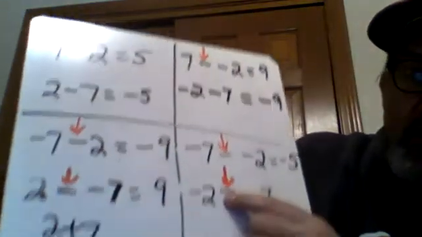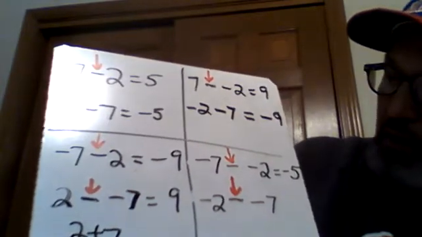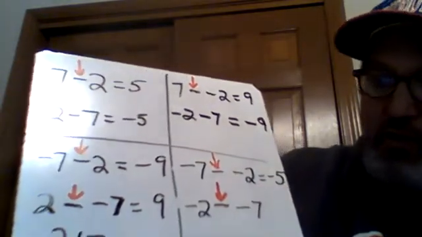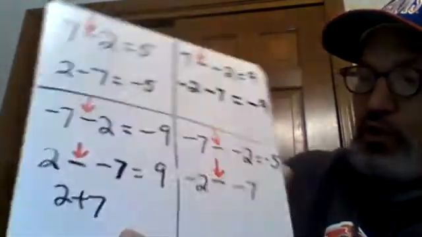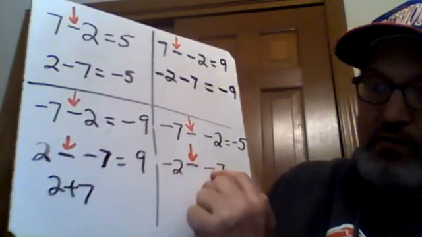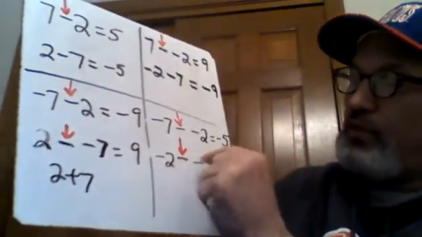Now let's flip-flop the numbers over the subtraction sign. This is still the subtraction sign in that position right there, right? There's the subtraction sign. And I have flip-flopped the two numbers across the subtraction sign. I put the -2 on the left and the -7 on the right. Now we interpret this to mean -2 plus 7. To subtract -7, you add the opposite of -7, you add 7.